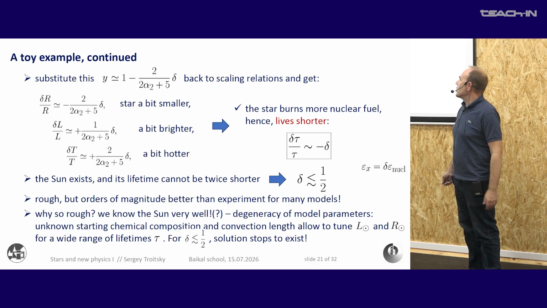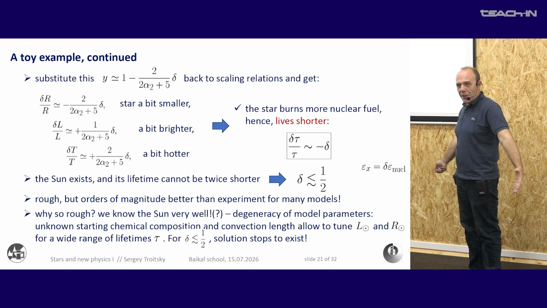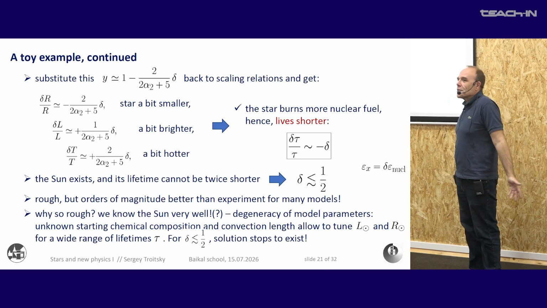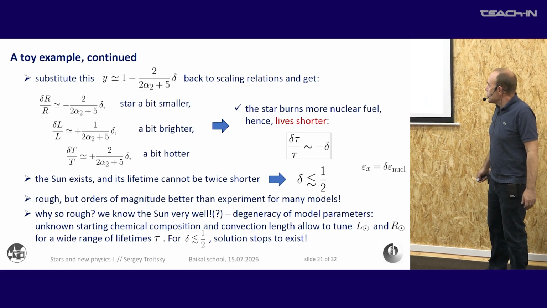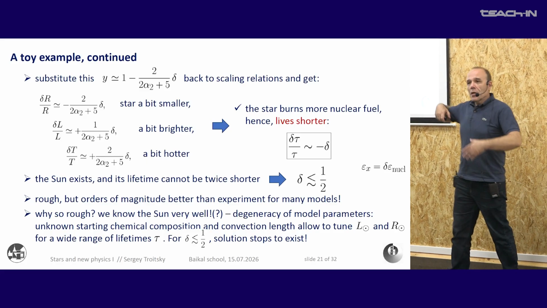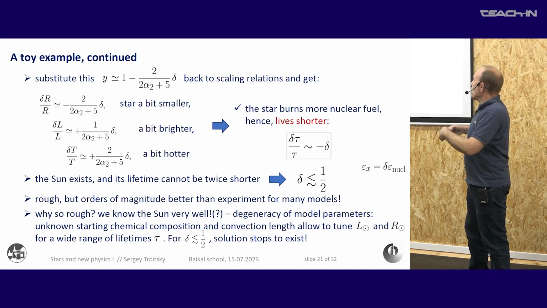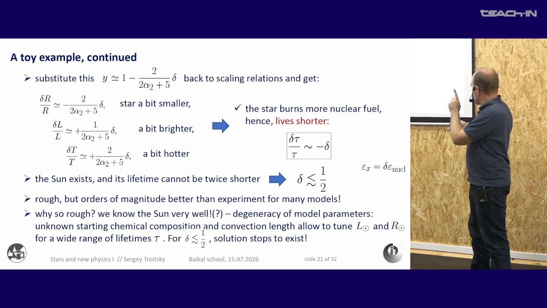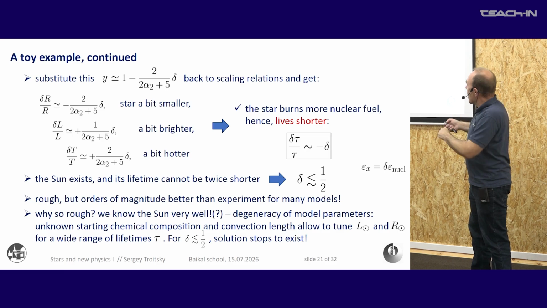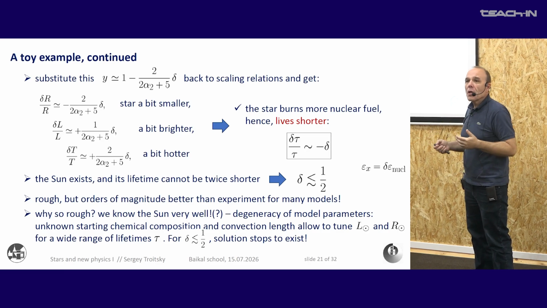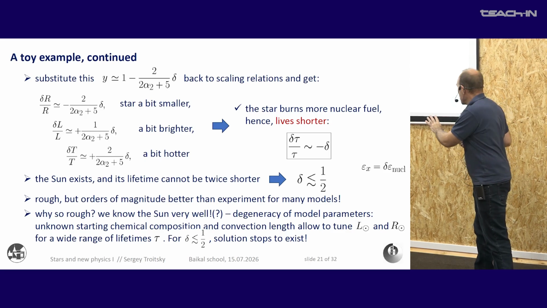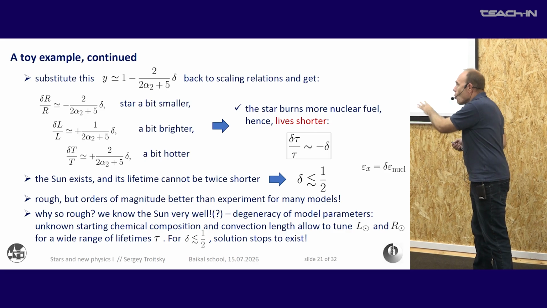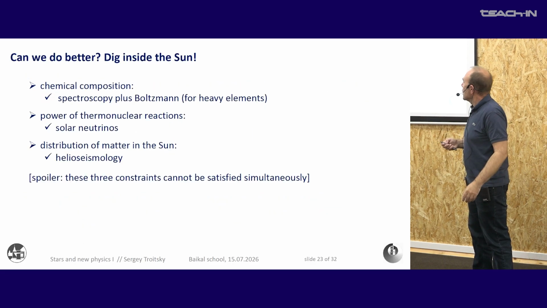And if we change the sun so dramatically, then the solution still simply does not exist. I stop at this moment because the next part I will skip to the problem. At the next lecture, we will dig into the sun to get more details, to go beyond this approximation.